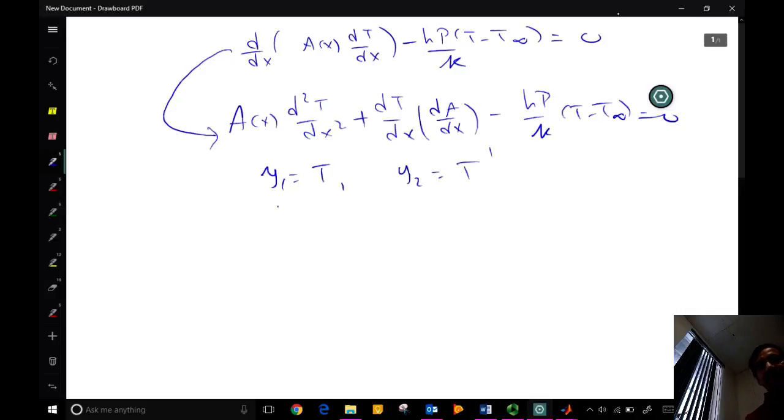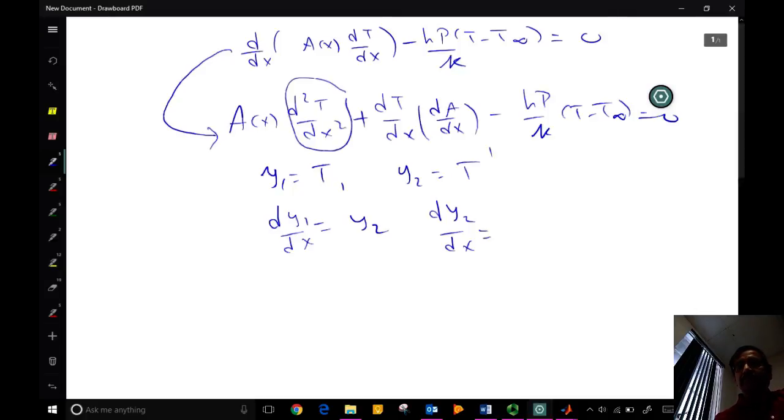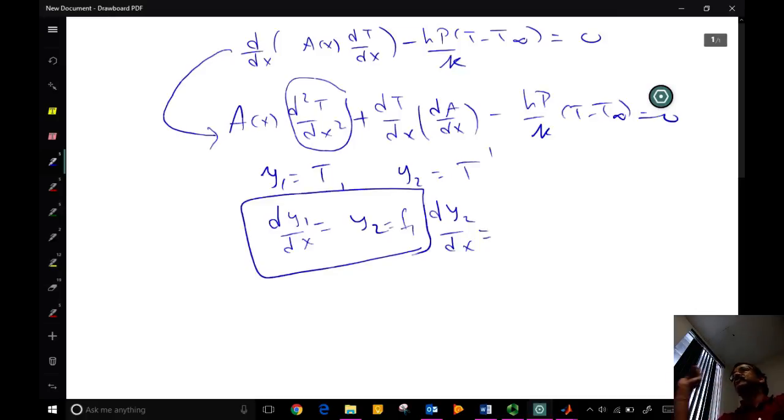Then you will have dy1/dx is y2 and dy2/dx is your second derivative, d squared T/dx squared. So then you will have to move everything to the right hand side and find out what the second function is. This is your first function. That function will be the same as before, but the second function will change.